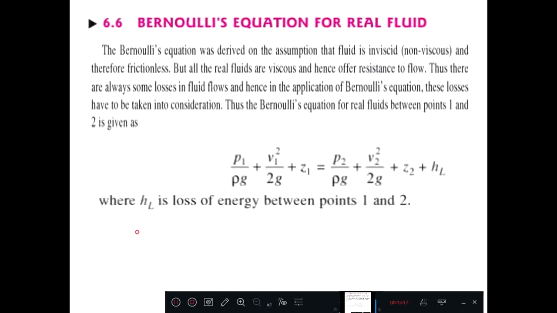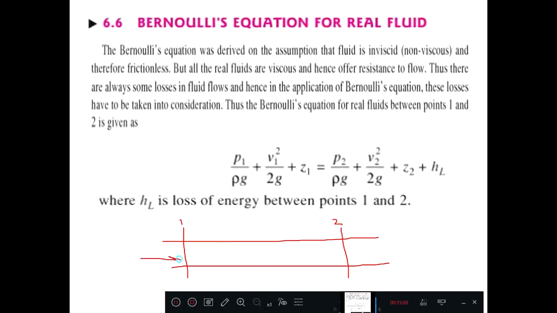If you want to apply Bernoulli's equation at sections 1 and 2 for a real fluid, the energy at section 1 is not equal to the energy at section 2, since losses occur here.